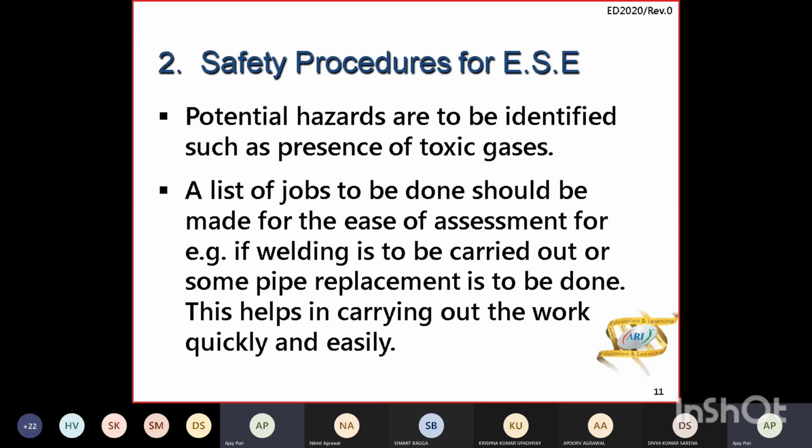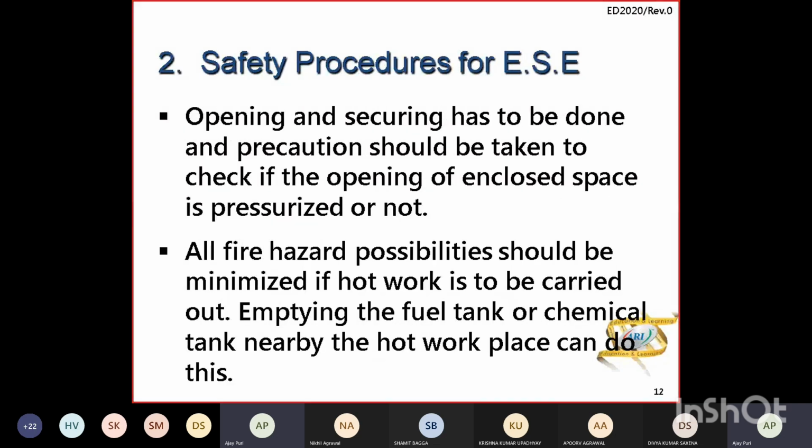Now your potential hazards are to be identified, like toxic gases, which can be done by your dragger tube. A list of jobs to be done should be made for the ease of assessment. That is, if welding is to be carried out or some pipe replacement is to be done, then carrying out the work should be quick and easy. Opening and securing has to be done, and the precaution should be taken to check if the opening of enclosed spaces is pressurized or at normal pressure.